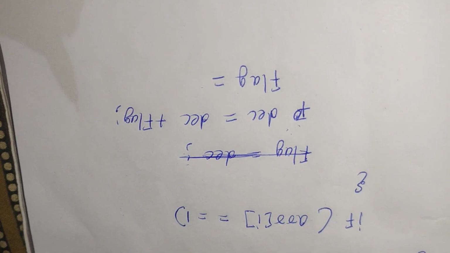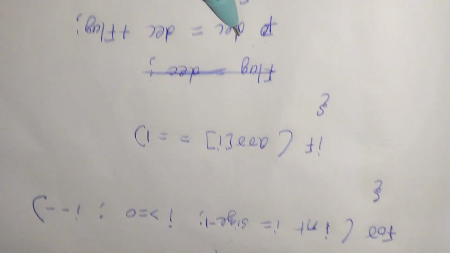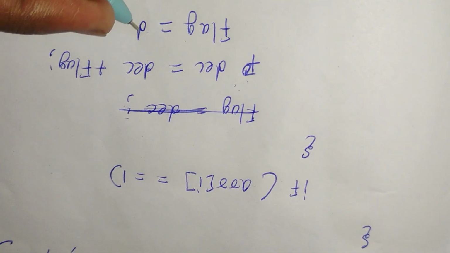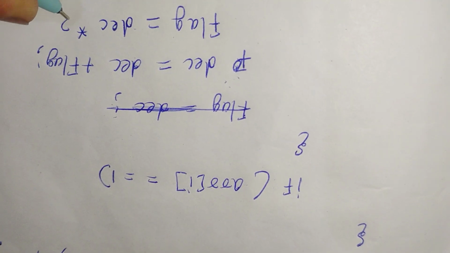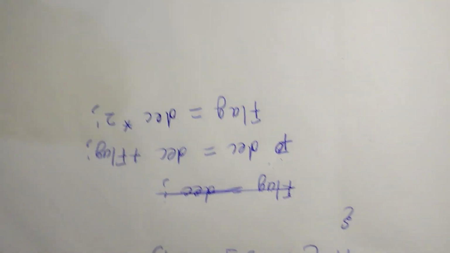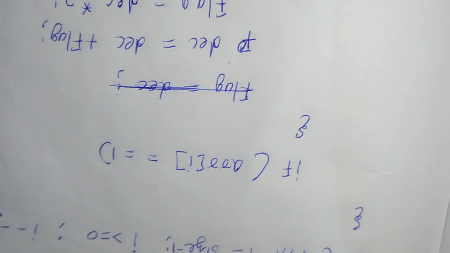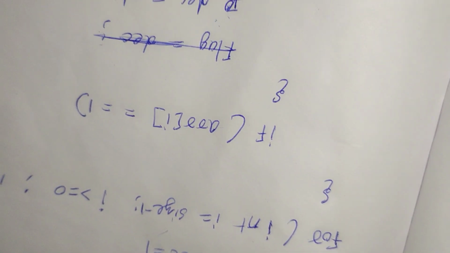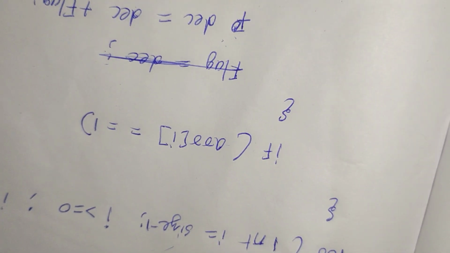So all the values will get multiplied by 2. The flag going to multiply with 2. Then the if is completed, next else.